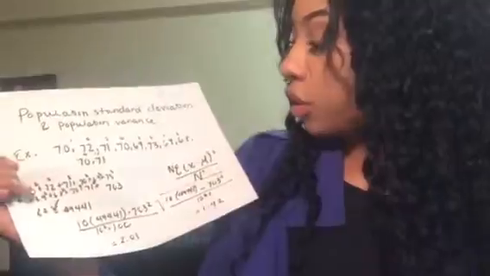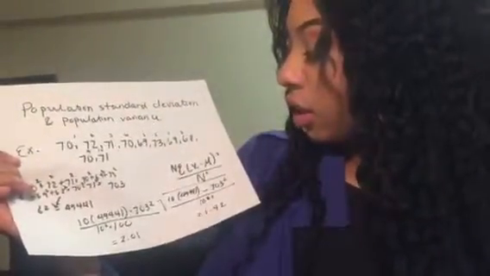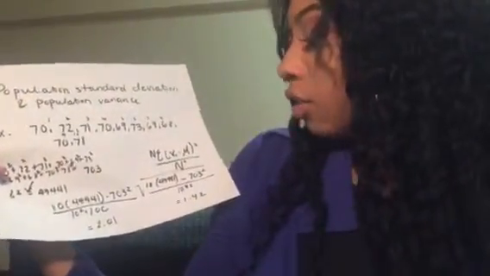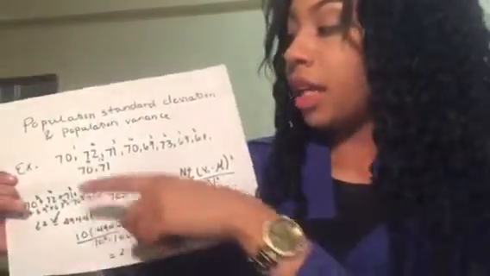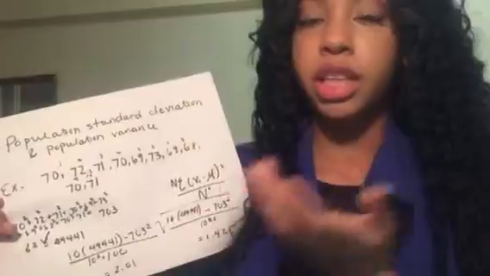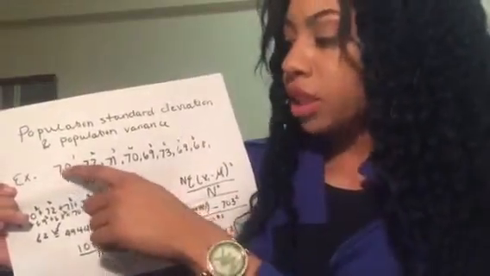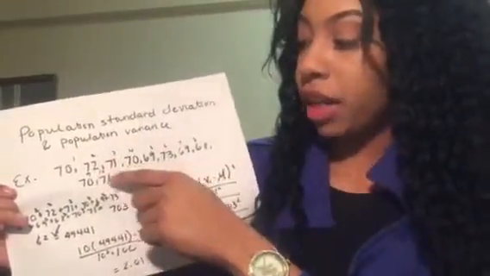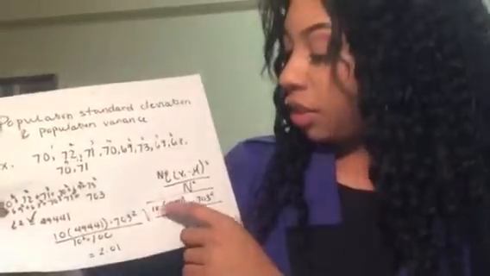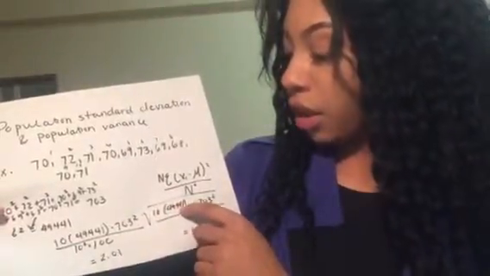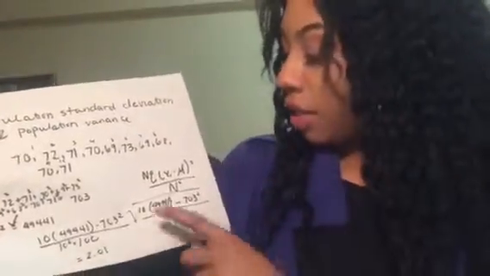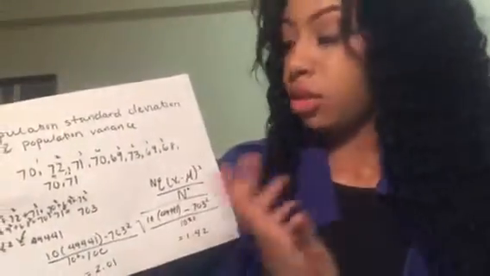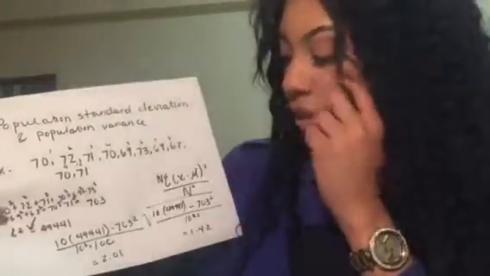And then for squaring them, I got 49,441. And as you see here, you then have to count the amount of numbers, of course, like you did the last one, which is, as you can see from me writing it, 10. So you put 49,441 minus 703 squared divided by 10, over 10 squared with the equation.